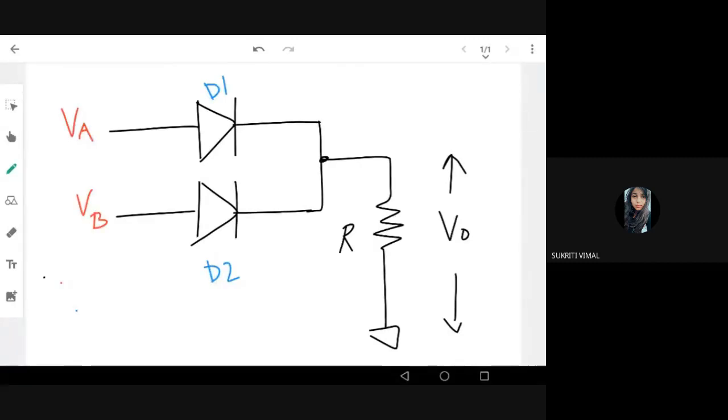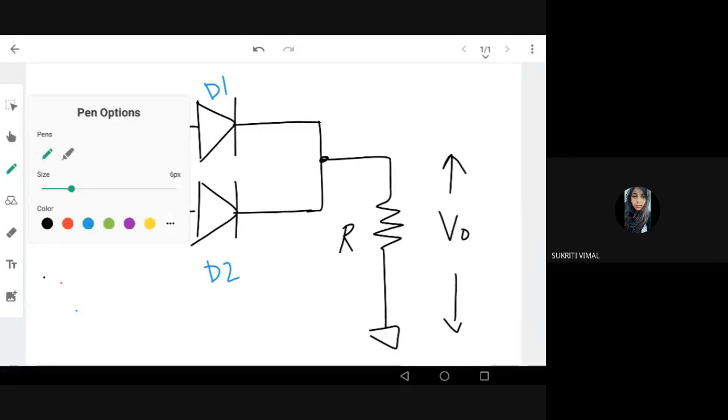Type in the chat box. Okay, so how do we analyze the circuit?